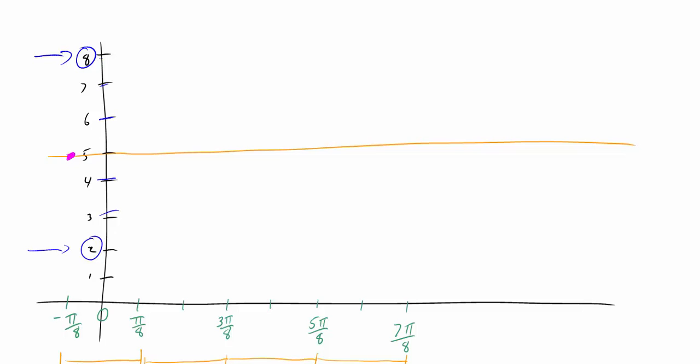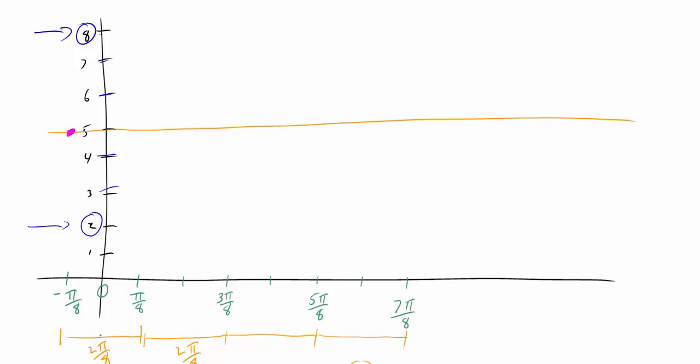So now we know that our first step, starting here, we're going to go all the way here to pi over 8. So that means we're going to curve all the way up to pi over 8, and we're going to go all the way up to the highest peak. And this here would be the first step for our graph. Okay, so that is step 1. And then we know that we're going to go to step 2 down here, 2 pi over 8. So that means that would be 3 pi over 8. And the graph's going to be back down on the axis.